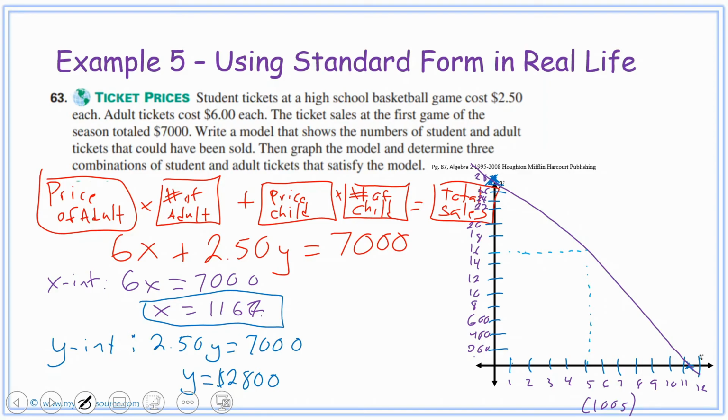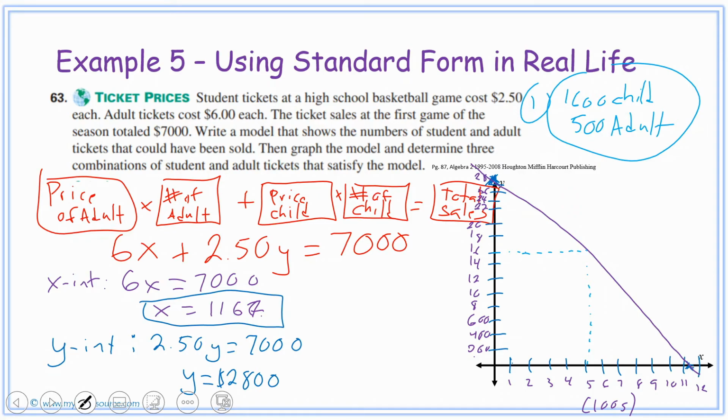So if I had 1,600, and remember your Y represents your child, so if I had 1,600 children tickets, then I would have 500 adults. So that's one, right? And so we're just using the concept of matching each one. So for one, I have 1,600 children tickets to about 500 adult tickets.